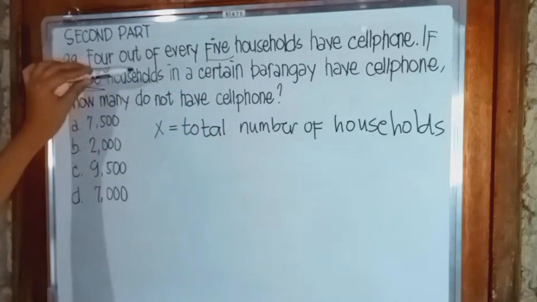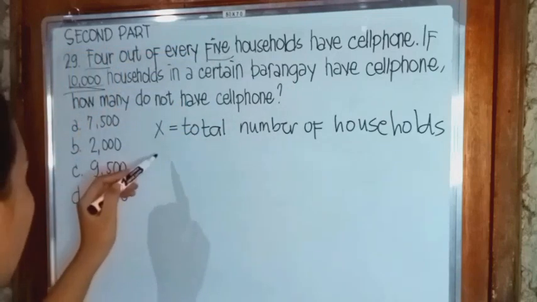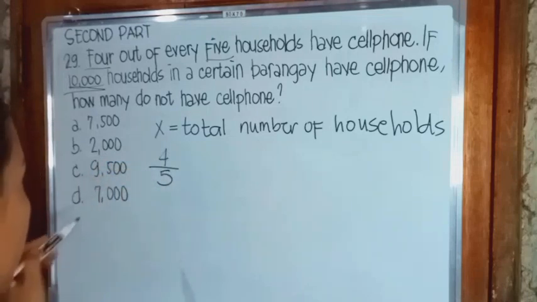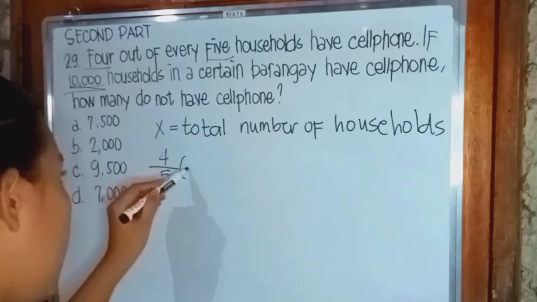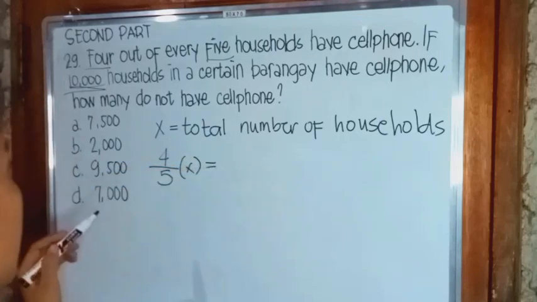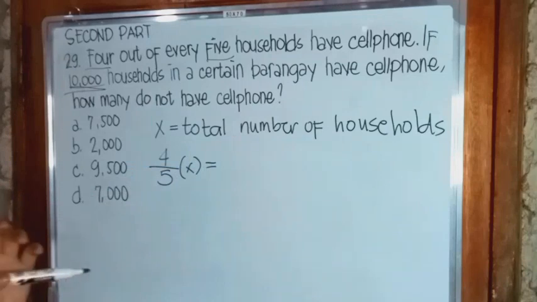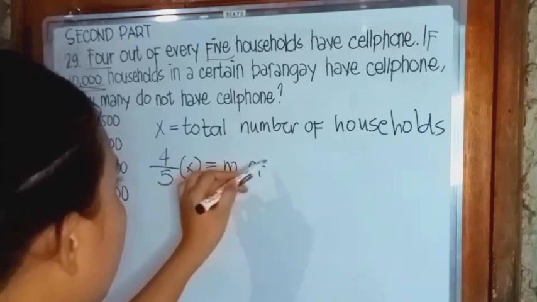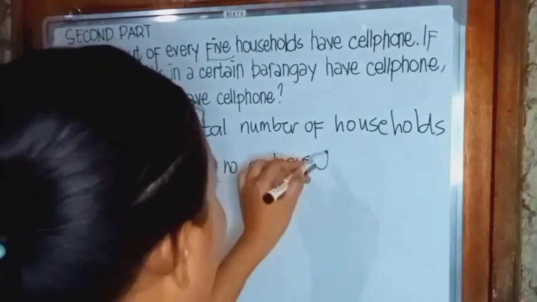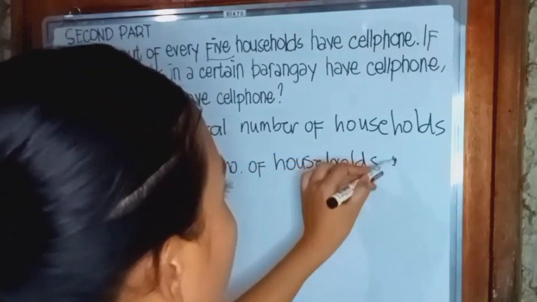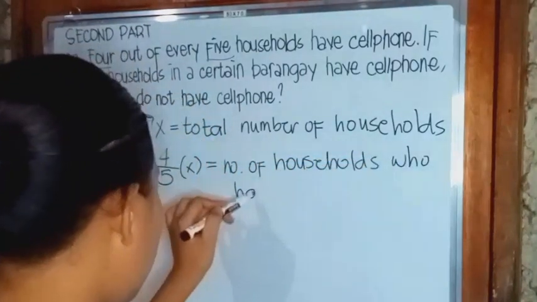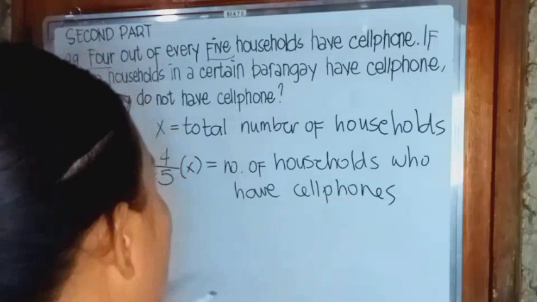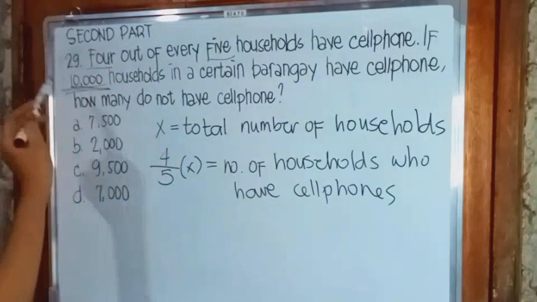So since in the given there are 4 out of every 5 households who have cell phones, so 4/5 of x, we do not know yet the value of x. So this is the number of households who have cell phones. So there are 10,000 households who have cell phones.